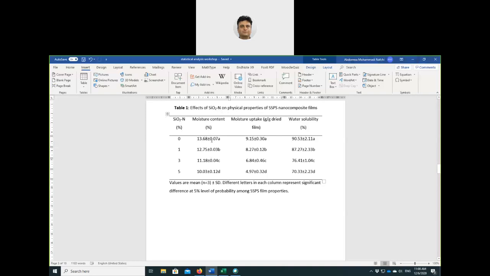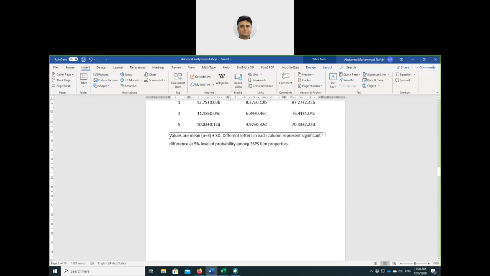We write here mean plus minus SE, standard error of mean. This is how you report in a table, and this part is the descriptive statistic.